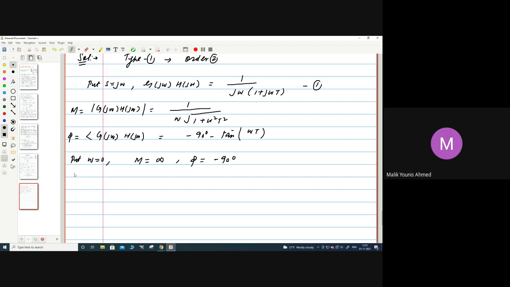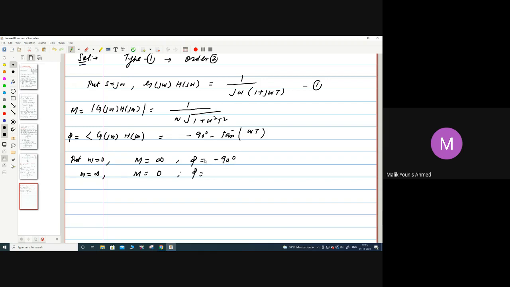Okay, so now put omega equal to infinity. Two important points are for us. At infinity, magnitude will be 1 by infinity, which is 0. So phi will be minus 90 minus tan inverse of infinity. Tan inverse of infinity is 90, that we have already seen.